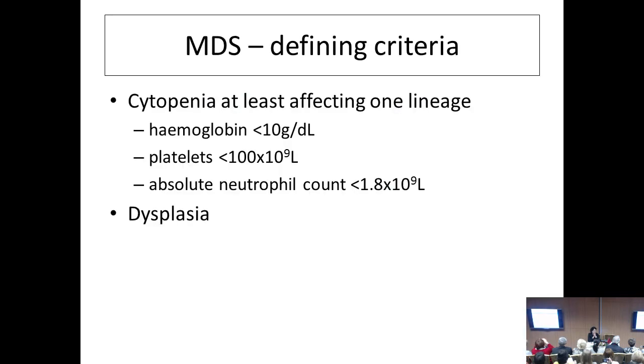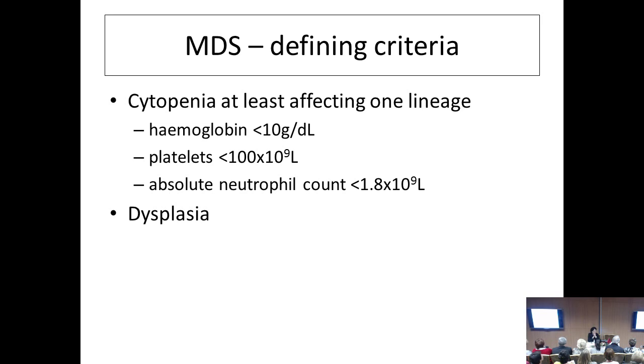So, what are the necessary criteria to define MDS? You need two criteria which are indispensable. These are needed to diagnose an MDS. The first is cytopenia, at least in one lineage. The second is dysplasia. And dysplasia is where morphologists come into play. Cytopenia is not any cytopenia, but cytopenia has to reach certain levels.